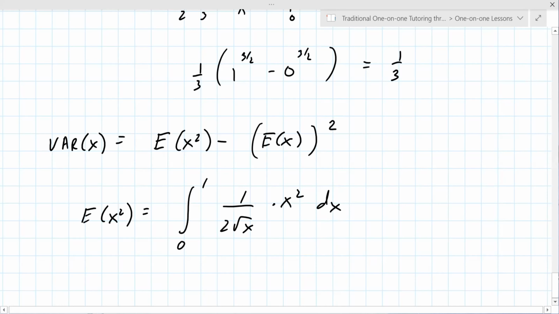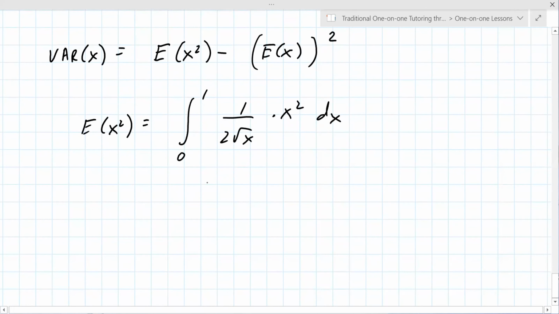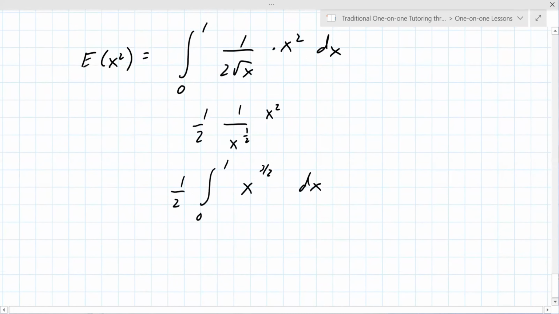So it's very similar to what you just did. It's just different numbers. So again, this simplifies to 1/2, 1 over x to the 1/2, x squared up here, and then 2 minus 1/2 is 3/2. So it's 1/2 the integral from 0 to 1 of x to the 3/2 dx. Power rule again.